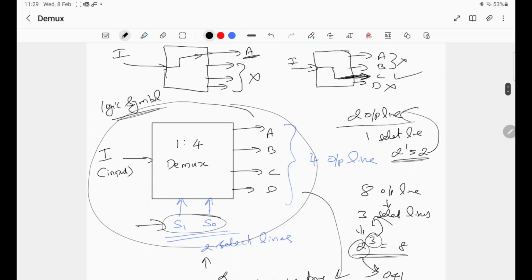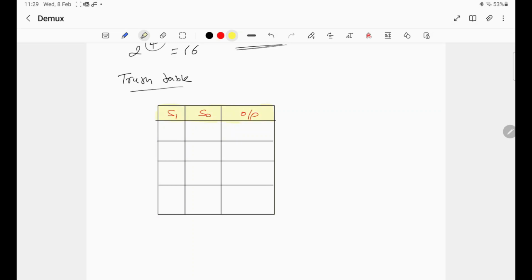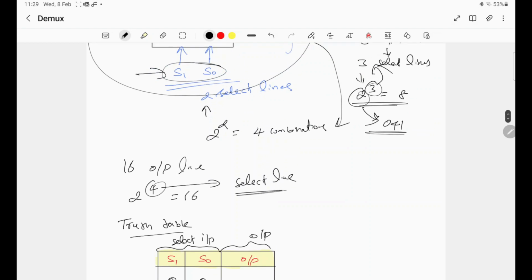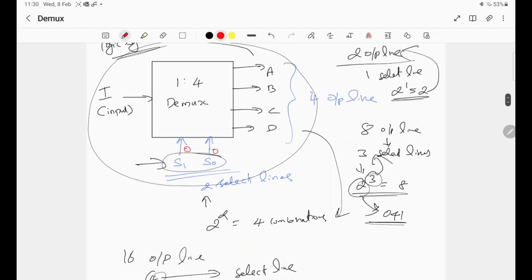In the output we have 4 lines A, B, C and D. So these are the truth table headers. This is the select input, and this is the output. First we will see 0, 0. Suppose S1 is 0 and S0 is 0. We can decide at that time which channel the input should go to.